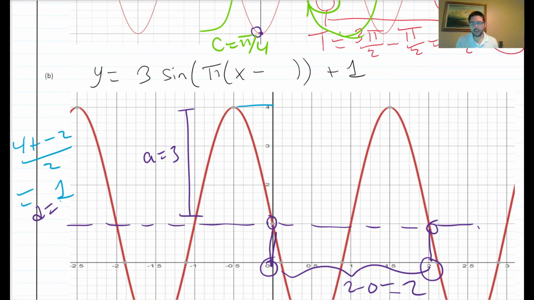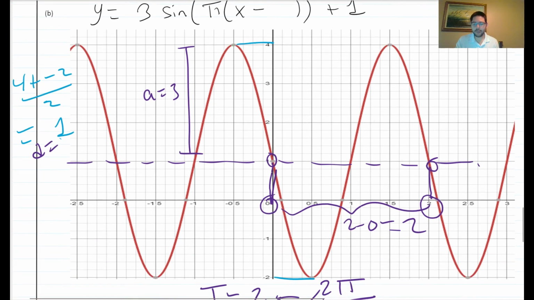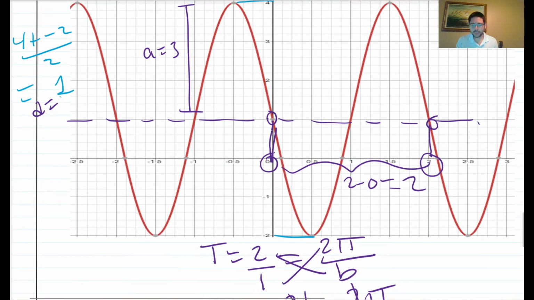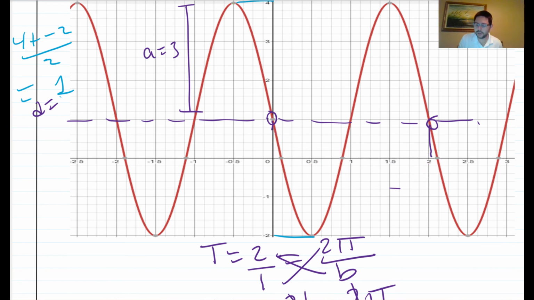Well, you're going to take this graph. This needs to look like a sine. So essentially what that means is that you got to take, and I'm going to do this in green, and I'm going to get rid of all this. So you got to take this part right here.